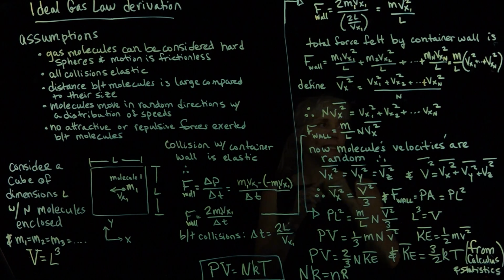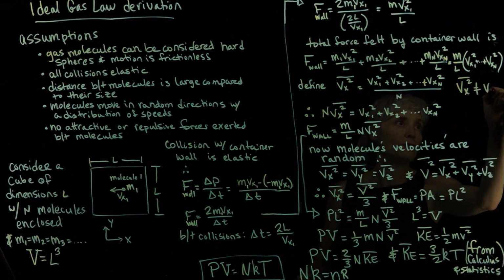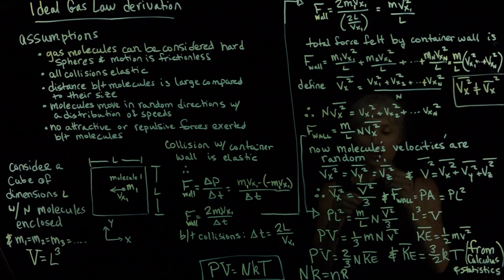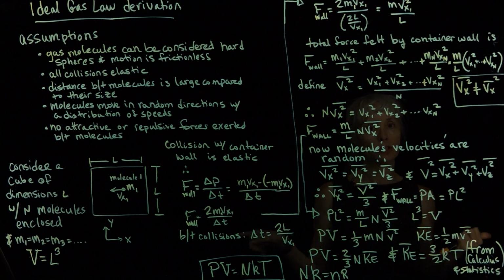Notice that these are not the same: vx squared average is not the same as vx average squared. In fact, vx average squared is going to be 0. There's as much probability of a molecule traveling to the left with a given speed as a molecule traveling to the right, and those two would average to 0.